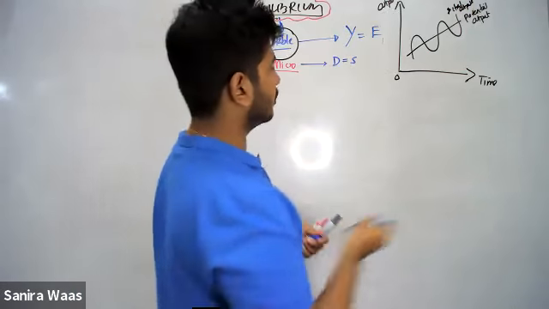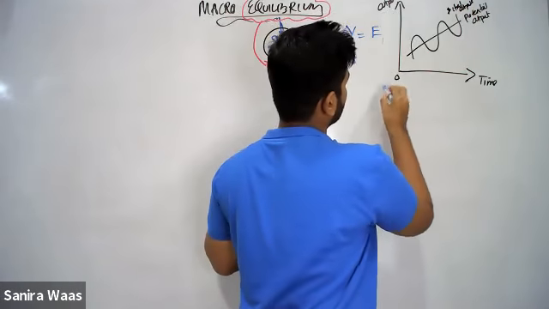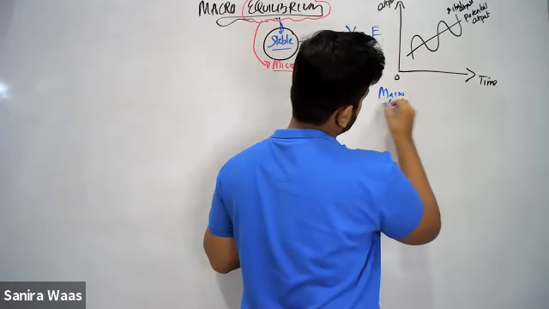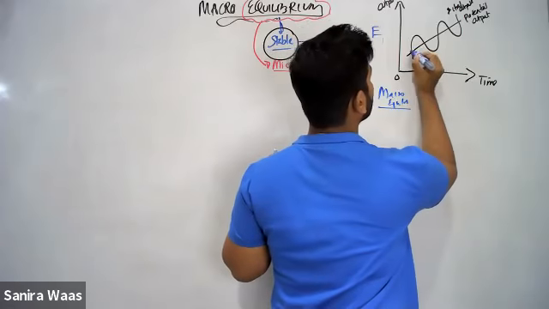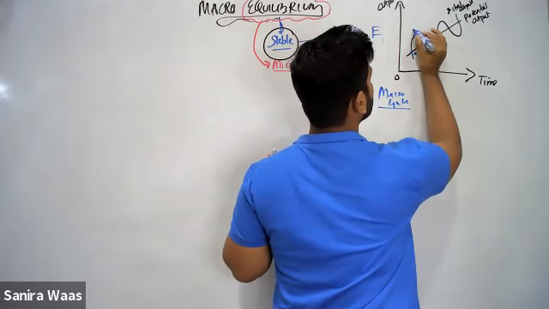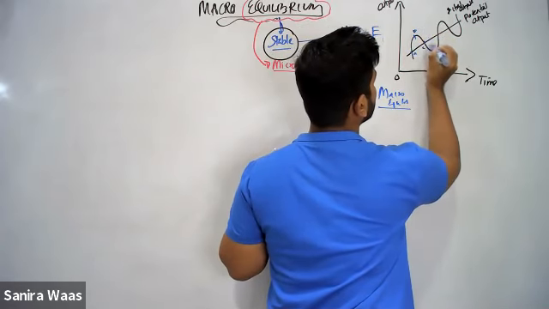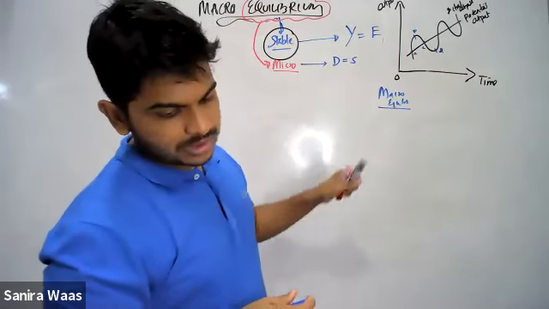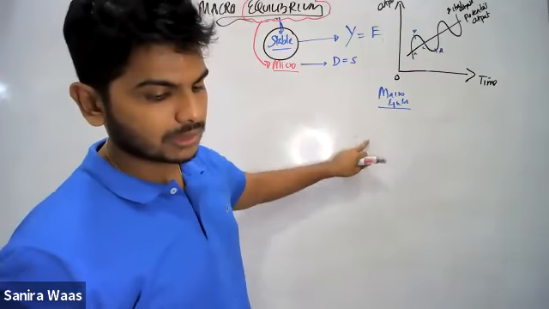Then last time we also identified macroequilibrium points A, B, C, D. So what are the points which have macroequilibrium?